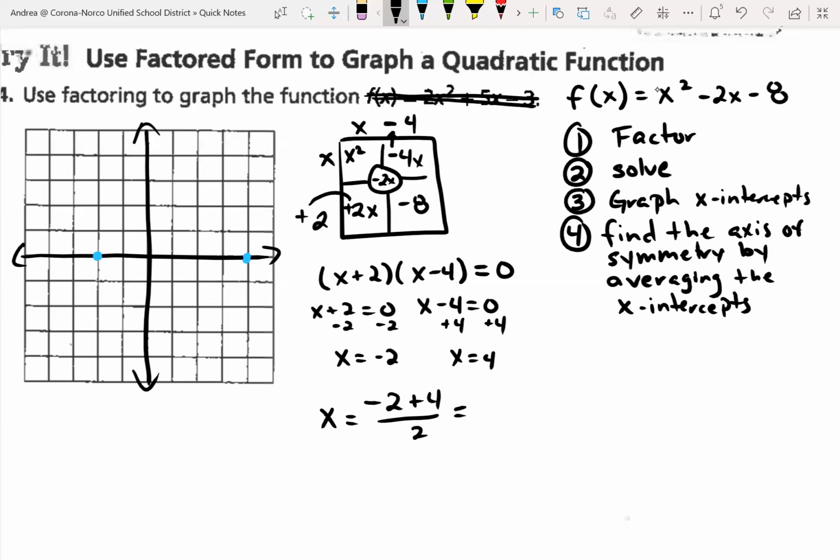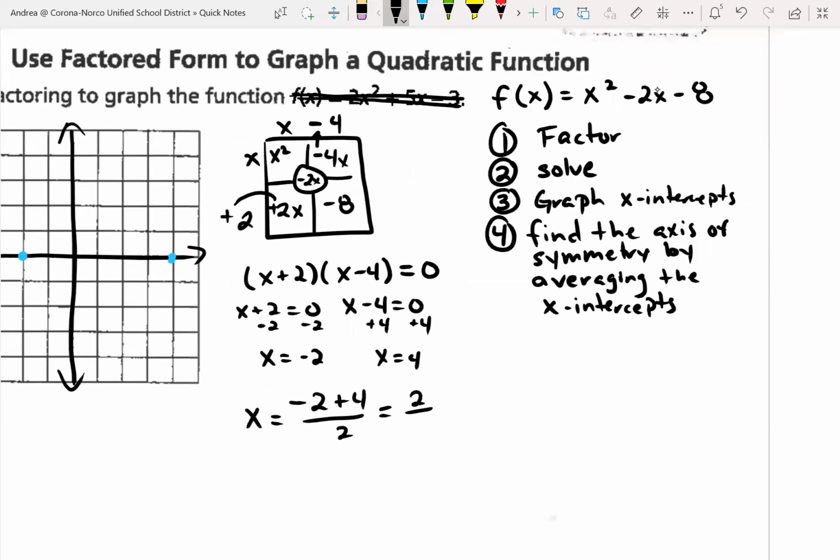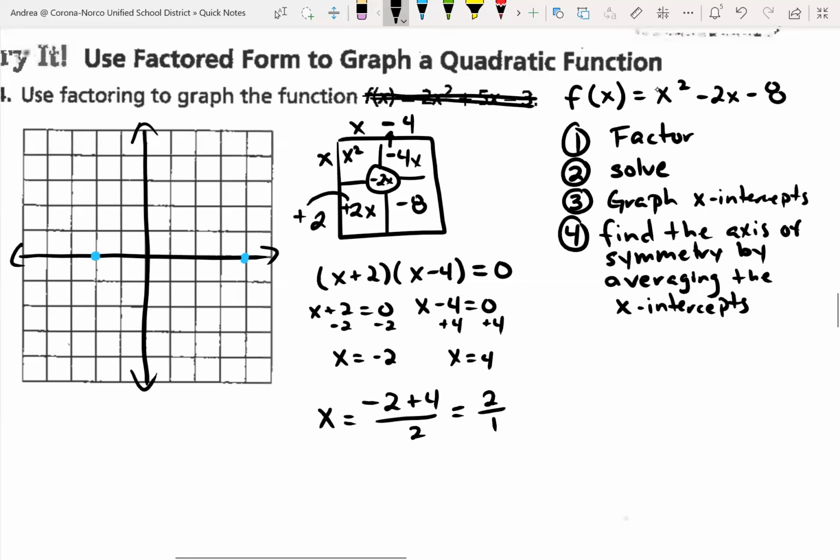Negative 2 plus 4 is 2. 2 divided by 2 is what? 1. So your axis of symmetry is x equals 1.